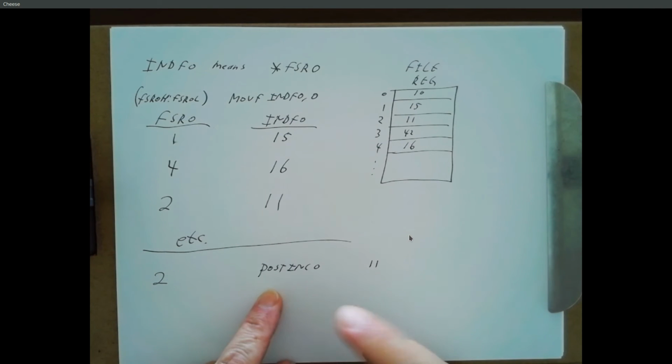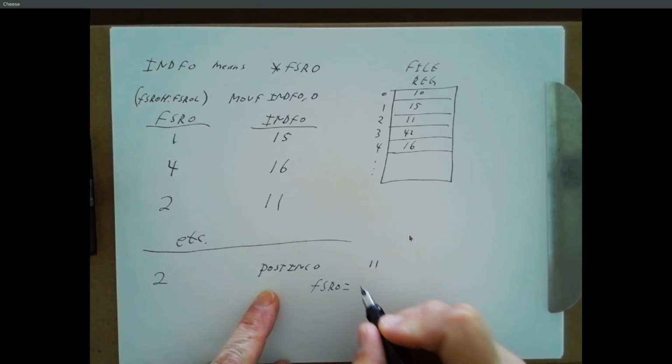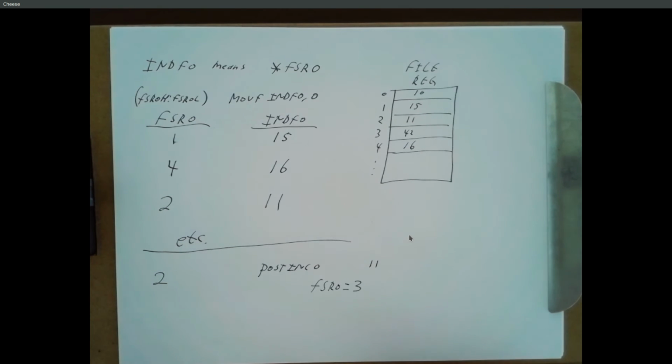But after that happens, FSR0 gets incremented. So 11 still stays there, but we move on. This was 11, we could have copied it into W, or we could have added 1 to it or something. But after we're done with this, FSR0 actually changes also, it gets incremented.